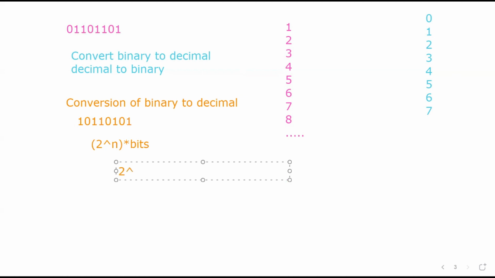Then add 2 to the power 1 into the second bit, 0. Then 2 to the power 2 into the third bit, 1.